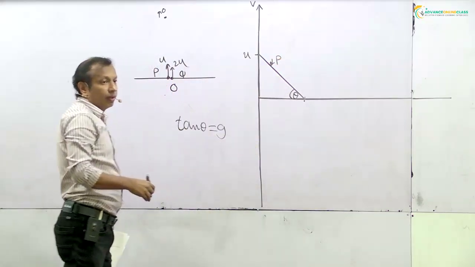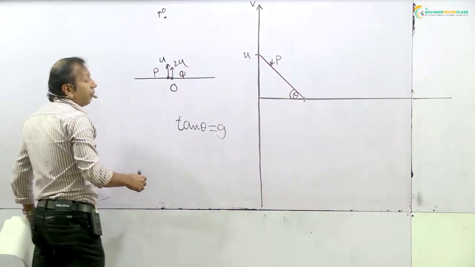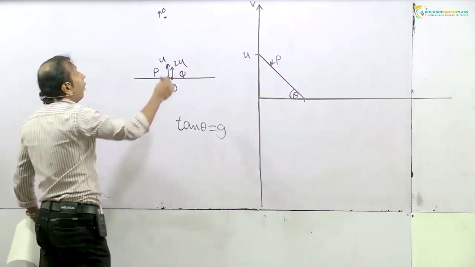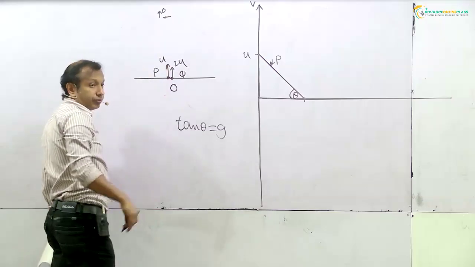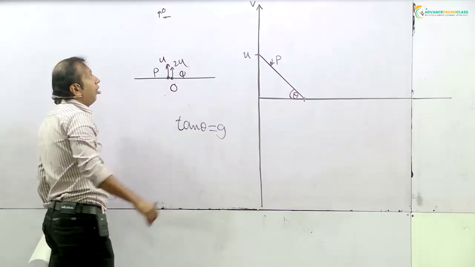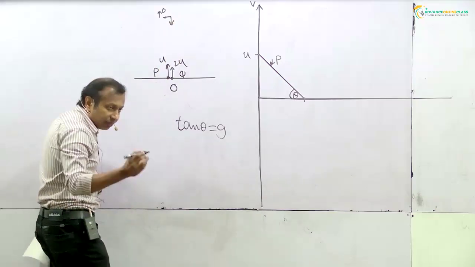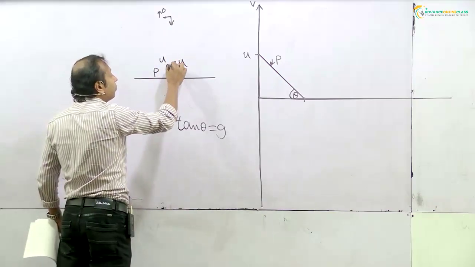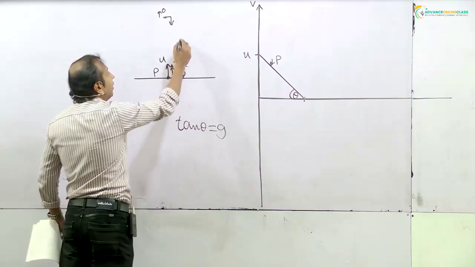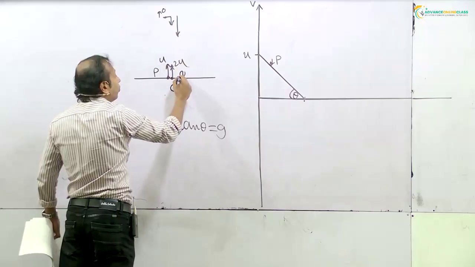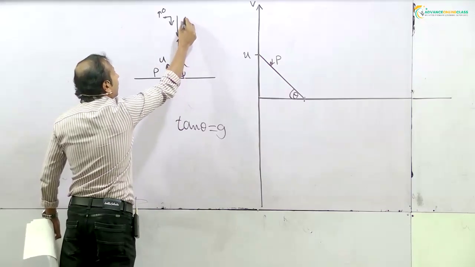Now the second one, Q, is projected when P is here. Then P begins to move down, and at the same moment Q begins to move up. While P is moving down, Q is moving up, and on the way they meet.